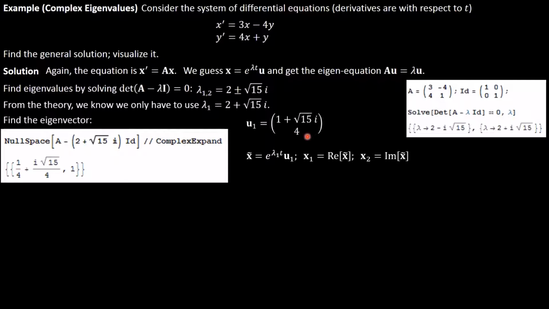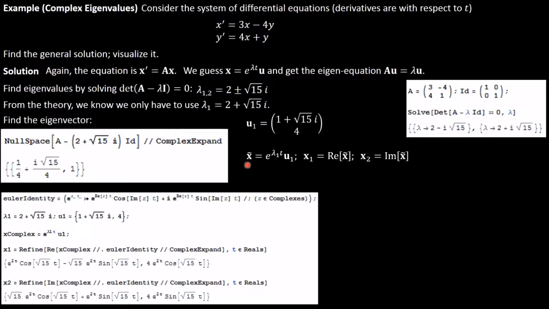And then the theory from the previous slide said if you take the real part of this, you get a solution, and if you take the imaginary part, you get another solution. So our actual solutions are x1 and x2. This x tilde is just some complex nonsense that we use on the way there. So what is x tilde? What are x1 and x2? How do these computations look?